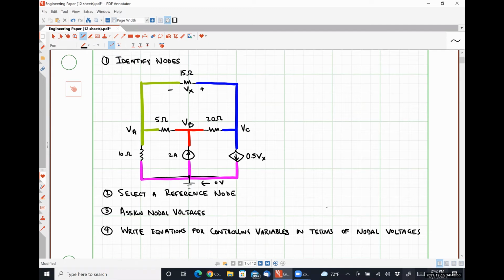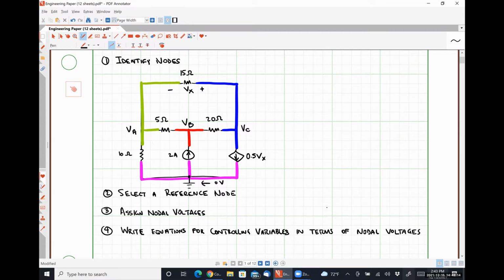What I mean by this: I have a dependent source. The current that flows through that dependent source is controlled by the voltage drop Vx, which is the voltage drop over that 15 ohm resistor at the top. So I want to express Vx in terms of my nodal voltages.